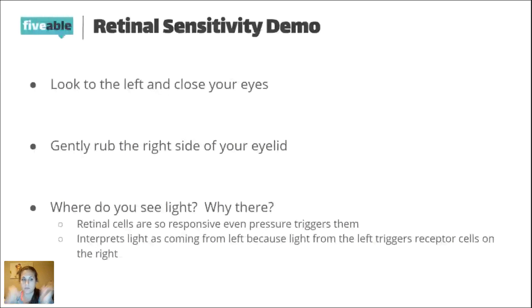Remember, things cross over in our brain and in our eye. It's actually tricking your brain into thinking you're seeing light. You can do that, and it works on both sides. I see the light over here now when I'm doing it this way. So that's just another little demo you can do on your own to demonstrate retinal disparity and information.